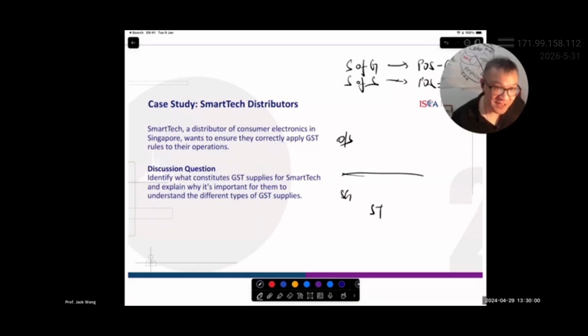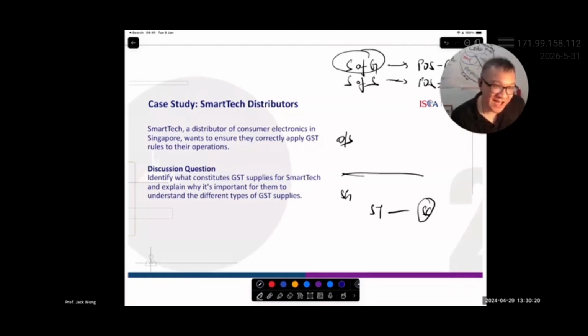So again, this is the fundamentals. So let's suppose we talk about supply of goods here. And then what happens is that, hey, it is supplying consumer electronics, maybe the chips, to a Singapore customer, SC, Singapore customer. So this is a supply of goods.